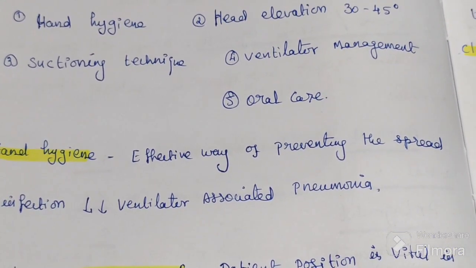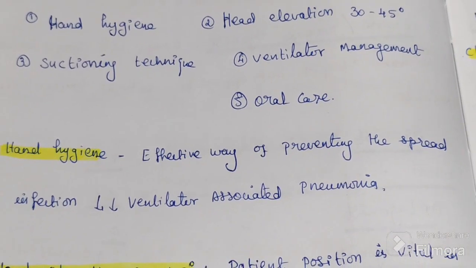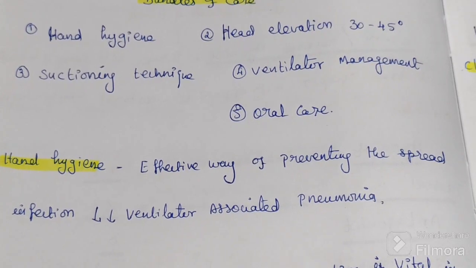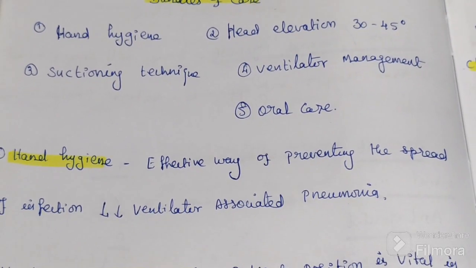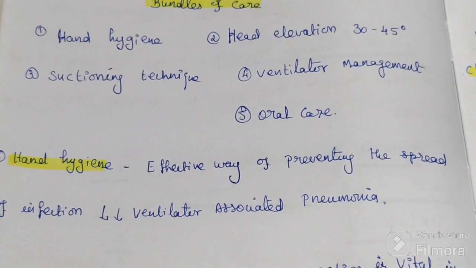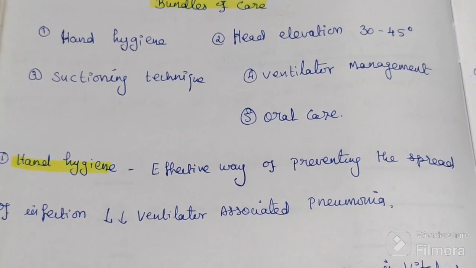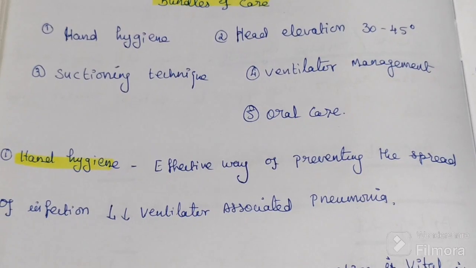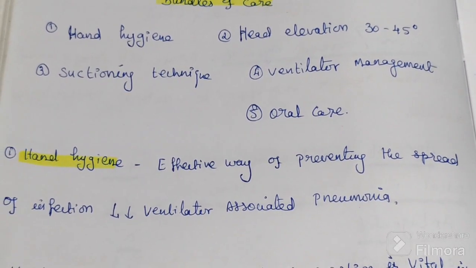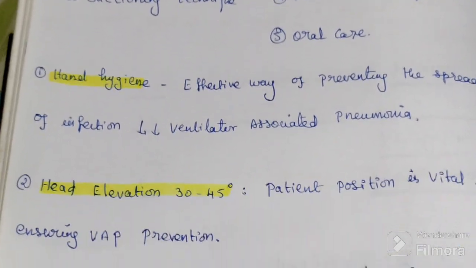According to research, proper hand hygiene creates significant decreases in ventilator associated pneumonia among patients admitted at the intensive care unit on ventilator support. So simple hand washing reduces the spread of infection.